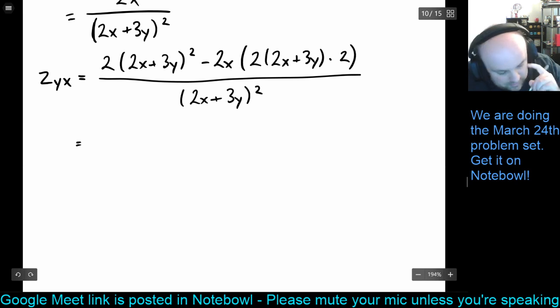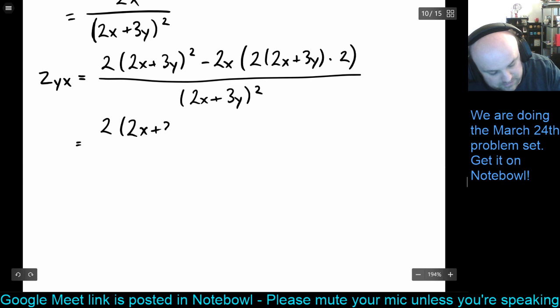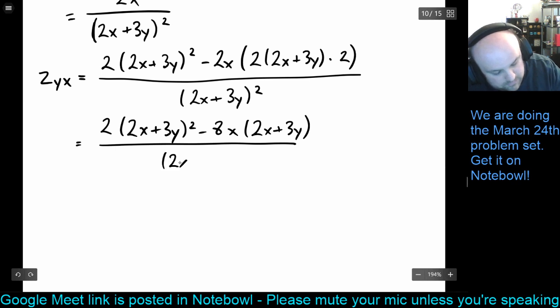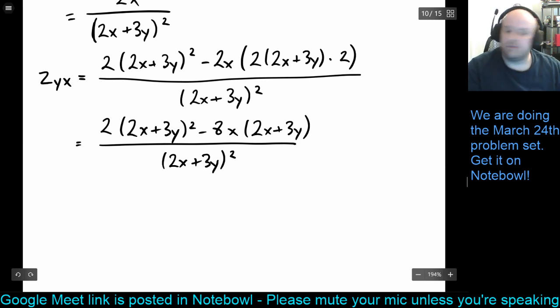So, again, if you want, you could simplify this a little bit. 8x, 2x plus 3y. All that over 2x plus 3y squared. Right?